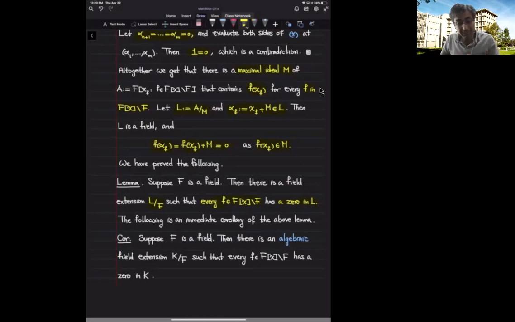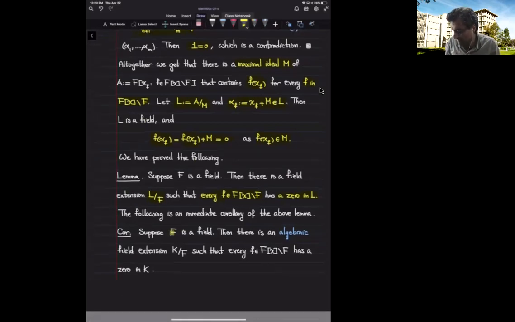Now, an immediate corollary is that there is an algebraic extension of F where all the non-constant polynomials have zeros. Why is that? Because I take the algebraic closure of F inside L, from the previous lemma. So altogether, we get this corollary: if F is a field, there is an algebraic field extension K over F so that every non-constant polynomial has a zero inside K. Let's finish the proof of this corollary, and then I stop to make this session a bit shorter for you guys to be able to catch up.